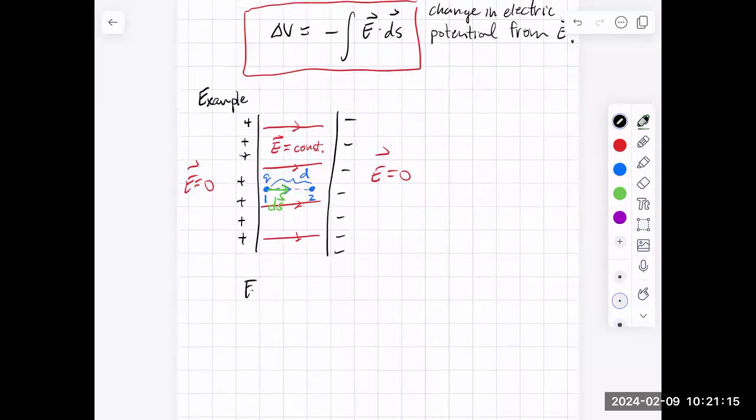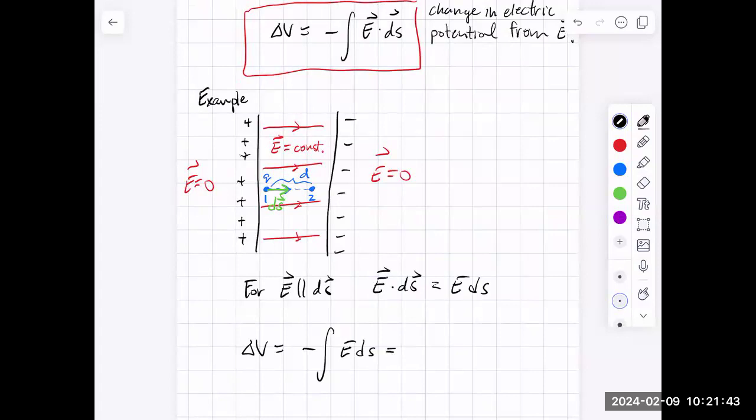So for E parallel to ds, E dot ds is just equal to E ds. It's E ds times the cosine of the angle between the two, but the angle is 0 and cosine of 0 is 1. So that means delta V is equal to minus the integral of E dot ds, which is just E ds.